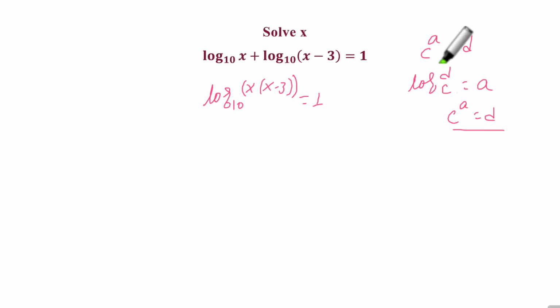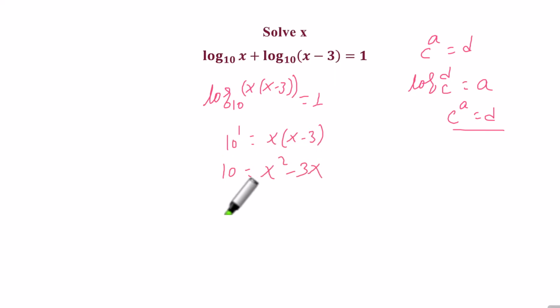There is a simple way to convert logarithm to exponential as well as exponential to logarithm. Based on that, it becomes 10 to the power of 1 is equal to x times x minus 3. This becomes 10 is equal to x squared minus 3x.